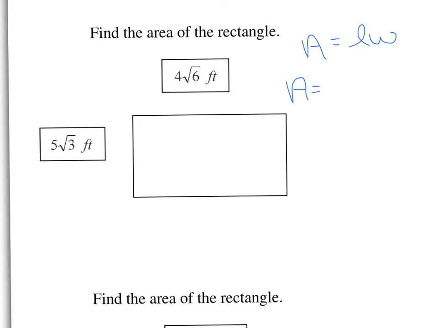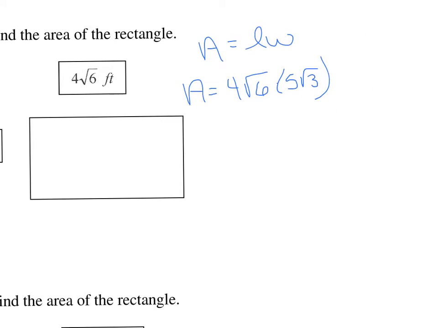So the area will equal 4 square root of 6 times 5 square root of 3. If you remember the rules for multiplying, outside times outside. So 4 times 5 is 20. Inside times inside would be 6 times 3, which is 18. And we're not done because this square root of 18 will simplify.